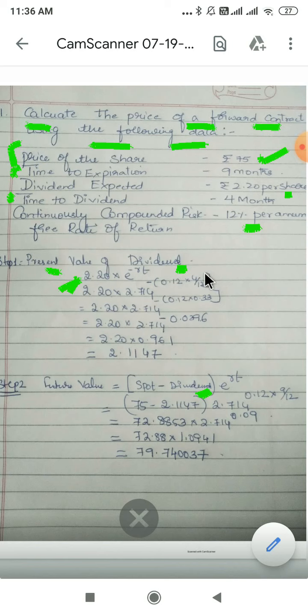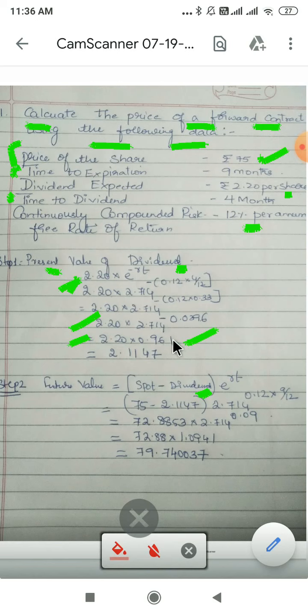So 0.12 into 0.33 gives 2.20 into 2.714 to the power of minus 0.0396, which is equal to 2.20 into 0.961. If you multiply these two, you will get 2.1147.